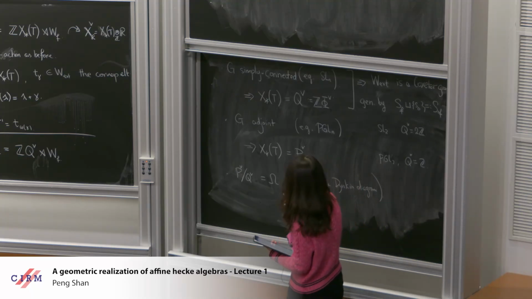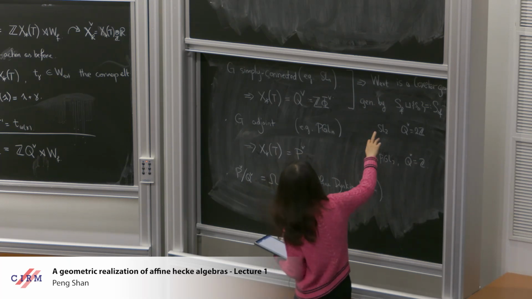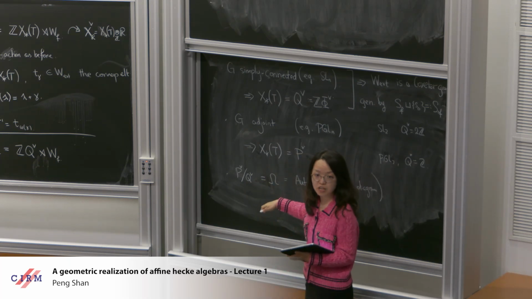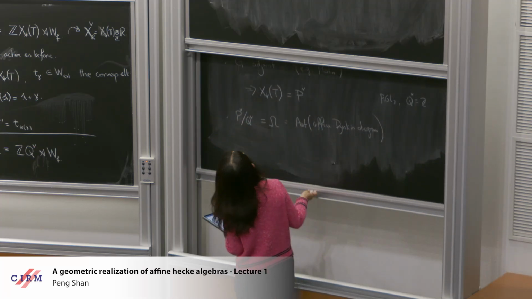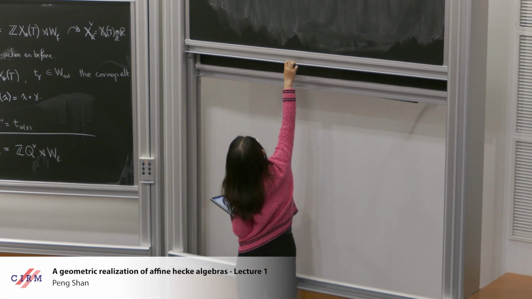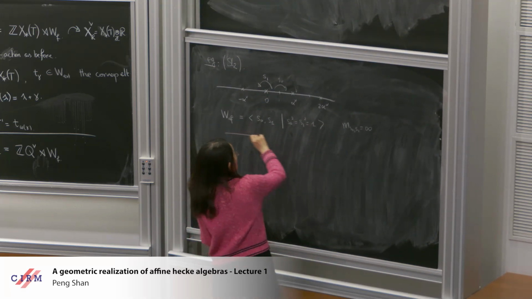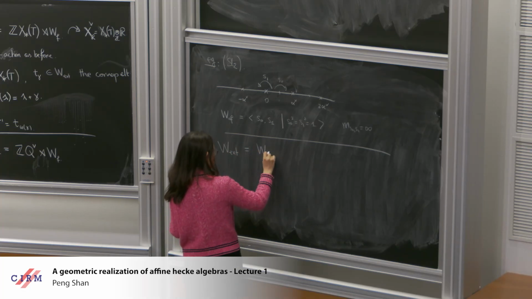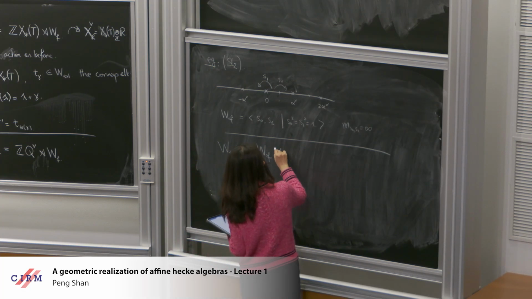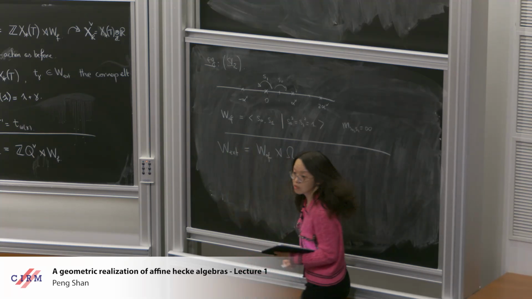All I want to say is that this group acts on the affine Weyl group by automorphism. So this extended affine Weyl group is just the affine Weyl group semi-direct product with this finite abelian group omega.